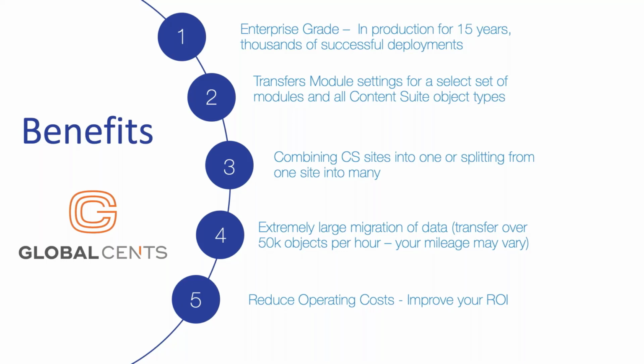Clearly, this is very system dependent and your mileage may vary. And all of our customers have reported a reduction in operating costs. So overall, improving your return on investment with your OpenText Content Suite.